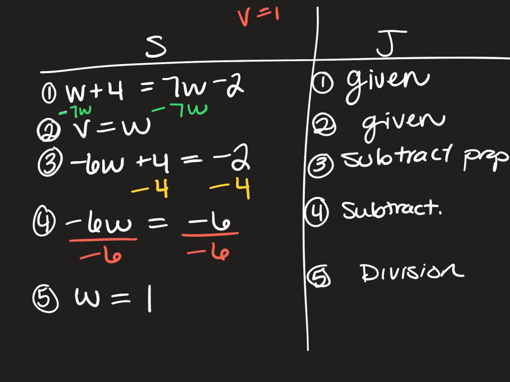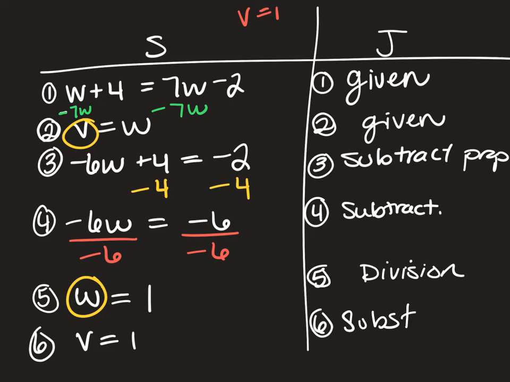All right, and then now we need to do substitution. We're going to substitute V in for W. So then you have V equals 1. So you could have done the substitution first and then worked the problem out.